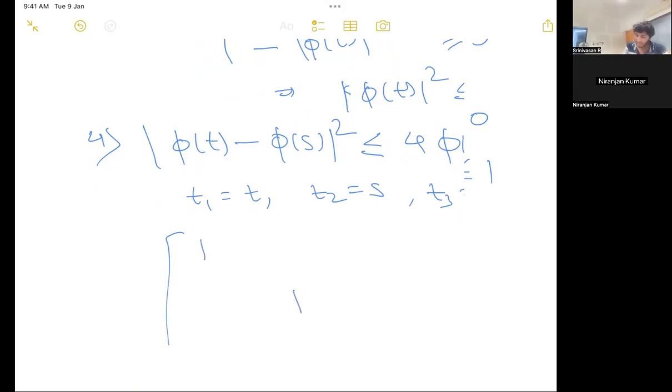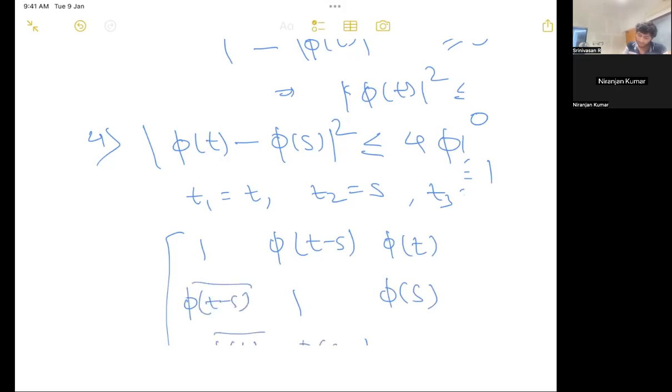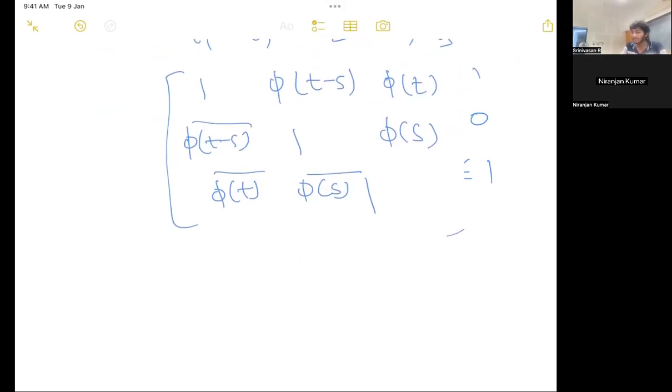Here we'll have the following coefficients, which is t minus s. Here we'll have t minus 0, which is t, s minus 0, which is s, and the conjugates of these. Again, because this matrix is positive definite, the determinant is greater than 0.